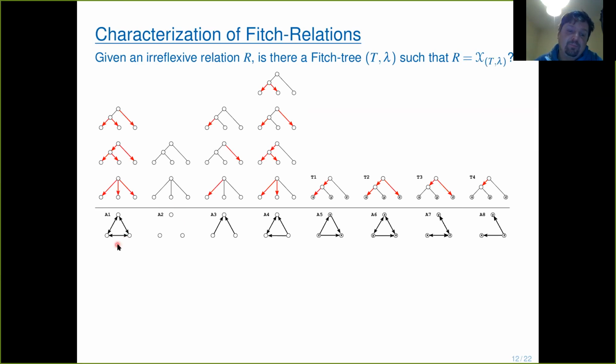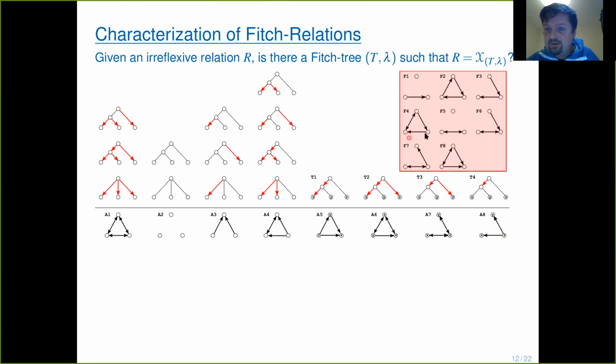Back to our informative triples and our trees on the 3 leaves and all the possible relations on 3 vertices that can be explained. There are graphs on 3 vertices that are not reflected here. These are particular, these guys here, F1, F2, F3 to F8. All these 3 vertex subgraphs cannot be explained by any Fitch tree.